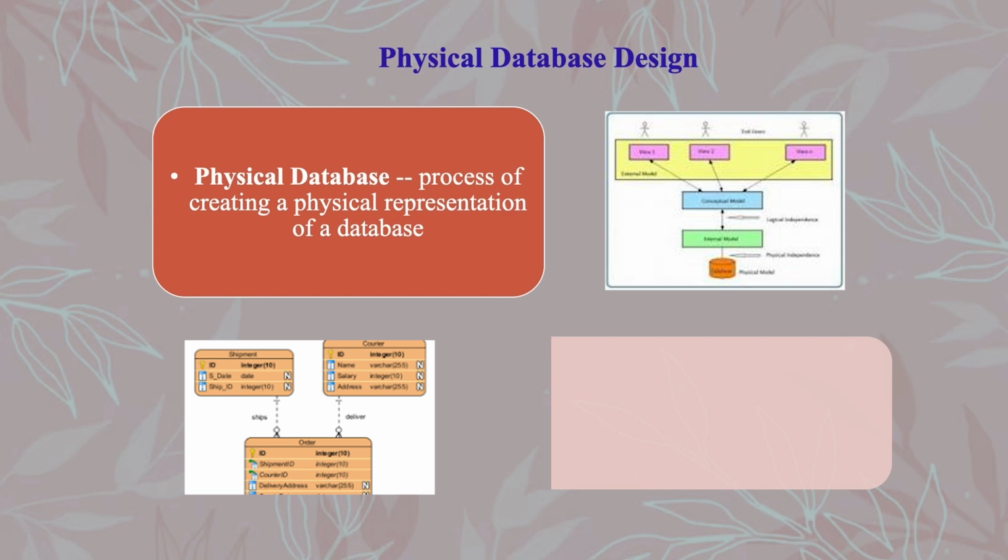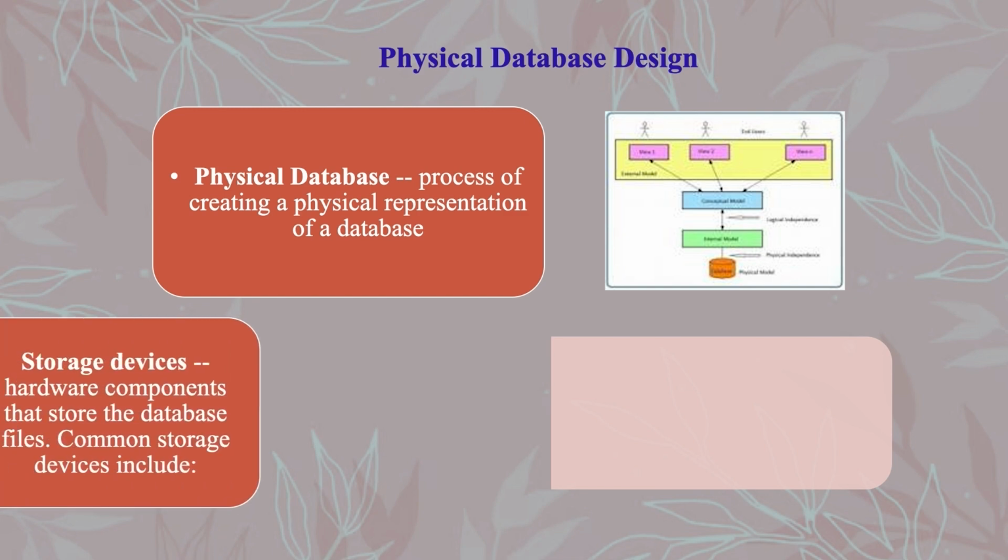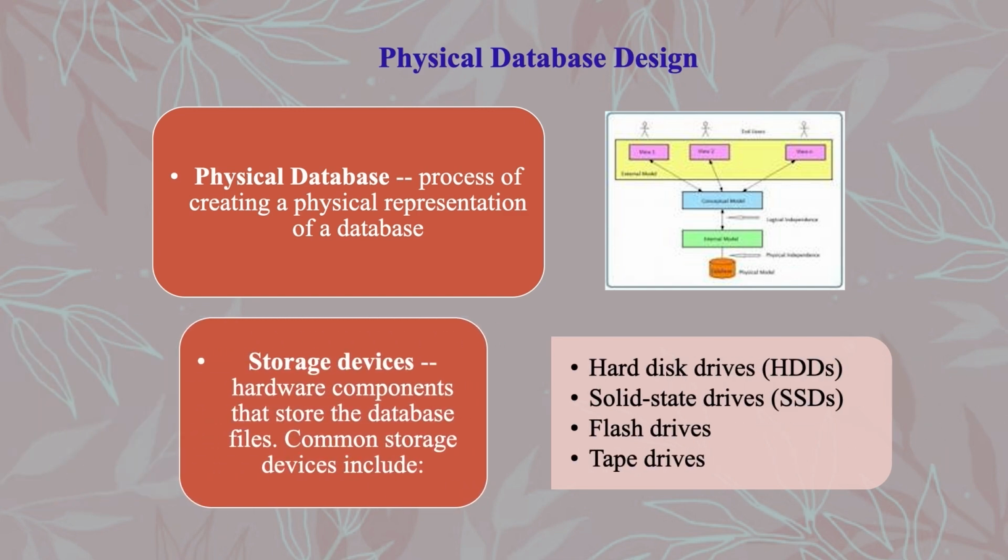The goal of physical database design is to optimize the performance, scalability and reliability of the databases. The storage devices are hard disk drives, solid state devices, flash drives, and tape drives.